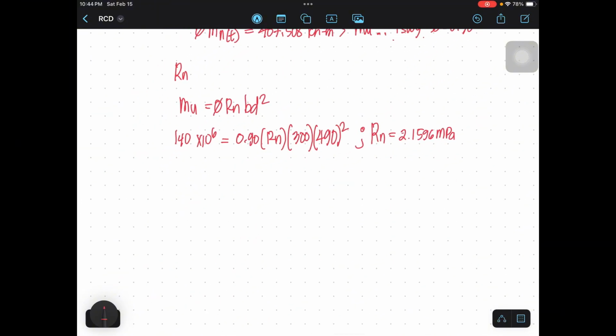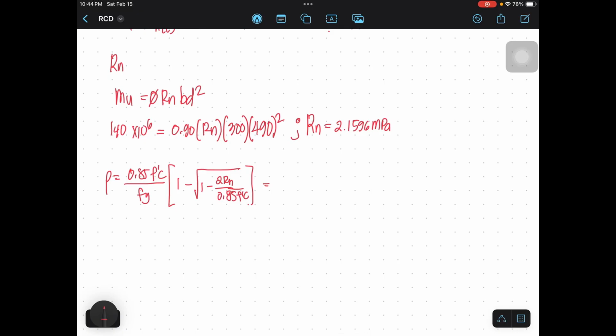Next, kuhanan na natin yung steel reinforcement ratio na rho equals 0.85 F prime C over Fy quantity 1 minus square root of 1 minus 2 Rn over 0.85 F prime C. And after natin masubstitute ito, makakakuha tayo ng steel reinforcement ratio na 0.00822.